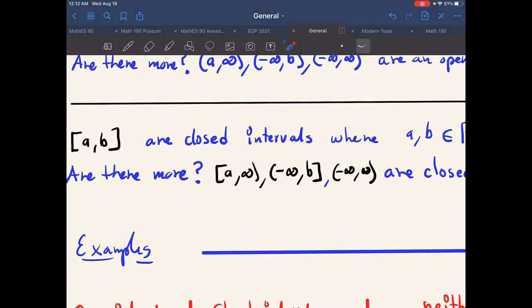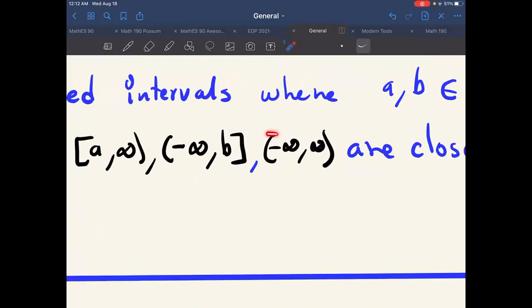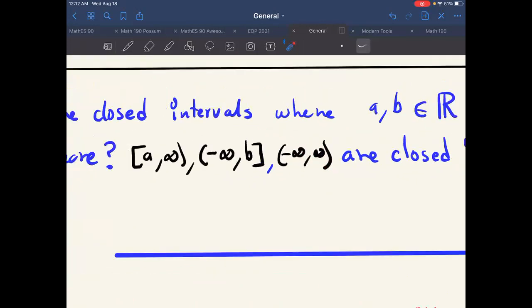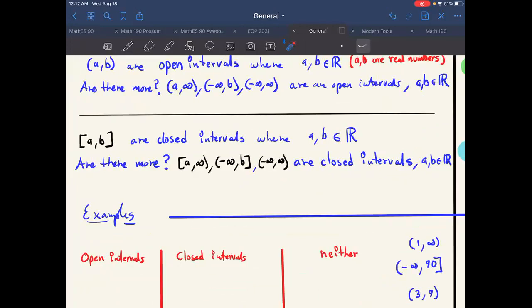That would mean including negative infinity, but negative infinity is not a real number. That's why we don't ever put a square bracket on those. So these are closed intervals.